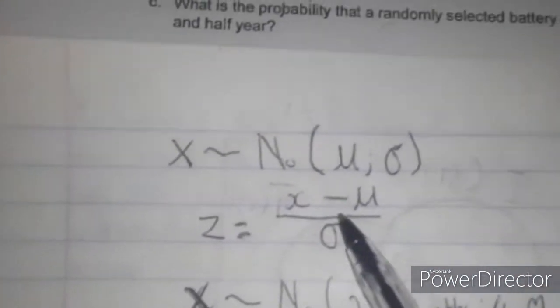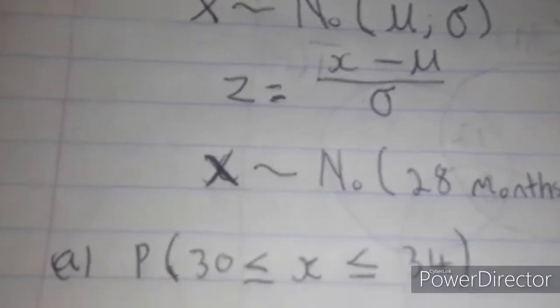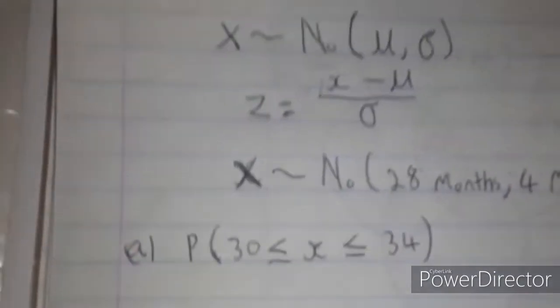Now we are going to use this formula to calculate Z. The normal distribution is about Z. We always calculate the Z value. So there's the formula. Z is equal to X minus mu over the standard deviation.